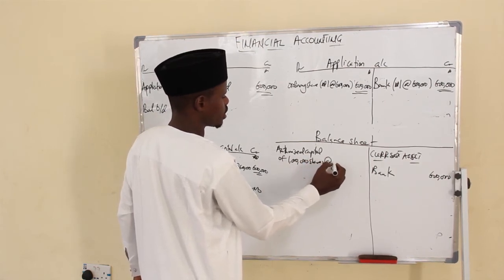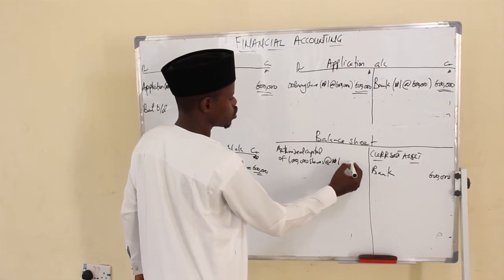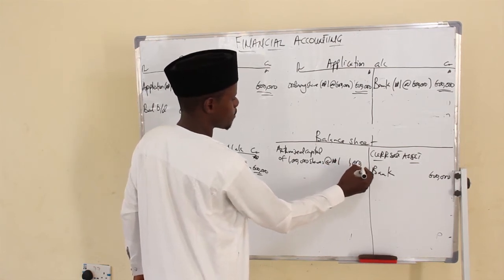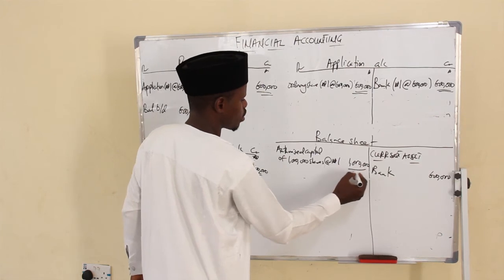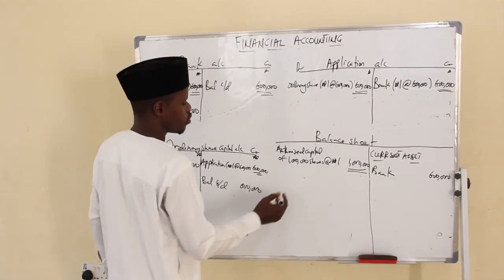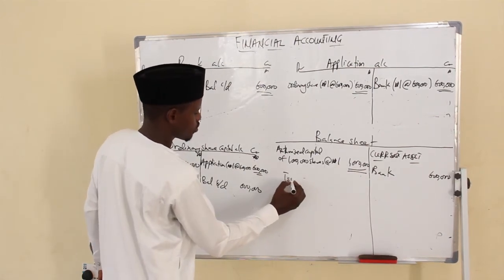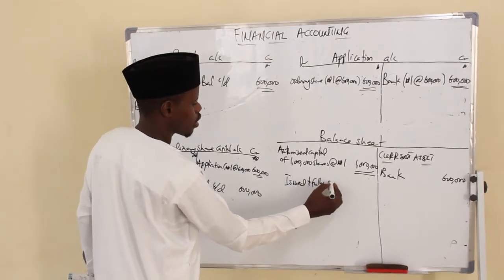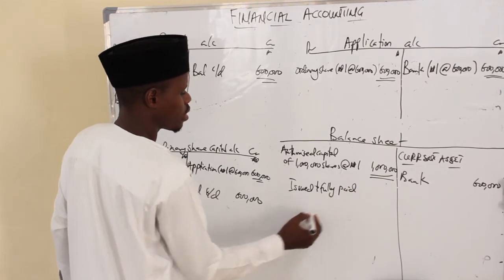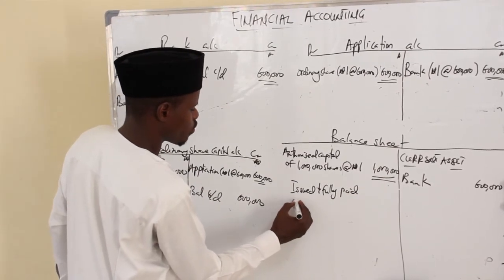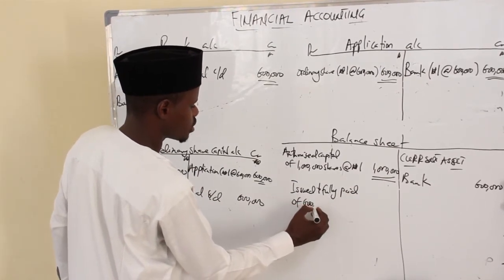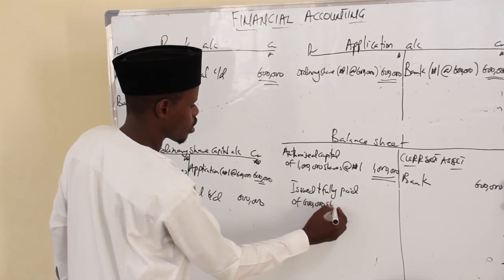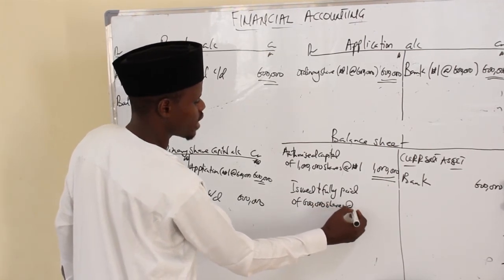Of 1 million shares at 1 naira each. This will give us 1 million. Then we have the issued and fully paid, which is of 600,000 shares at 1 naira.